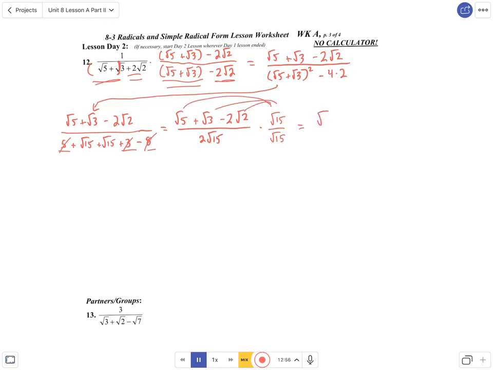That's going to be the square root of 75 plus the square root of 45 minus 2 times the square root of 30 over 2 times 15 in the denominator. We do have to simplify up top. Rad 75 is the square root of 25 times the square root of 3, so that's 5 rad 3.